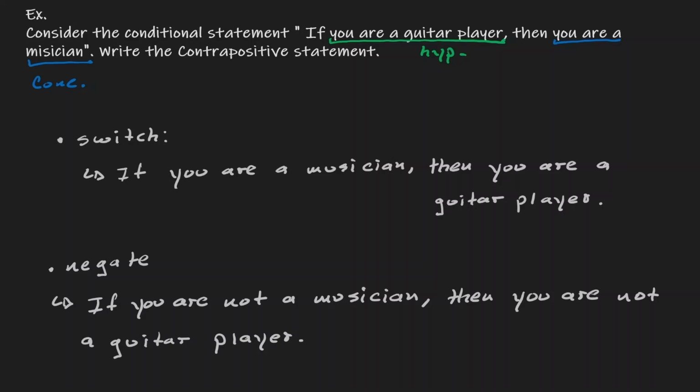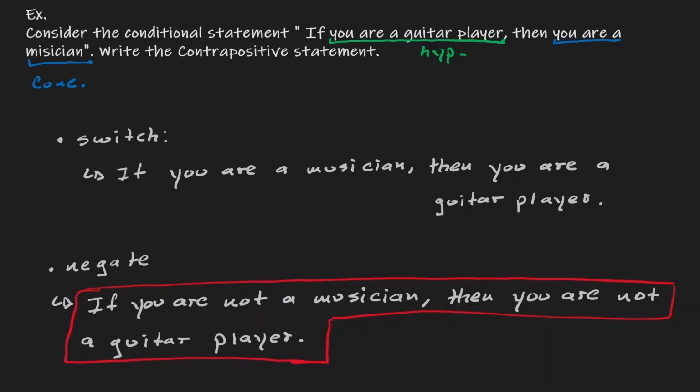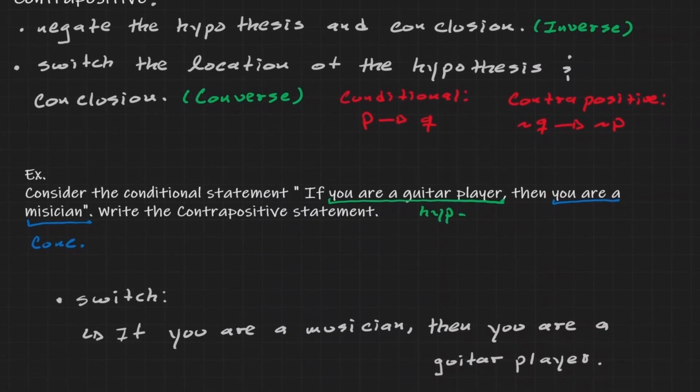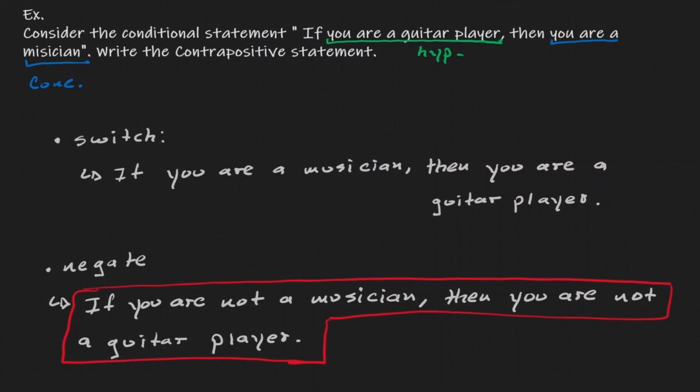So here we have it. This statement that we have here, if you are not a musician, then you are not a guitar player, is what we can define as the contrapositive of the given conditional statement. If you are a guitar player, then you are a musician.